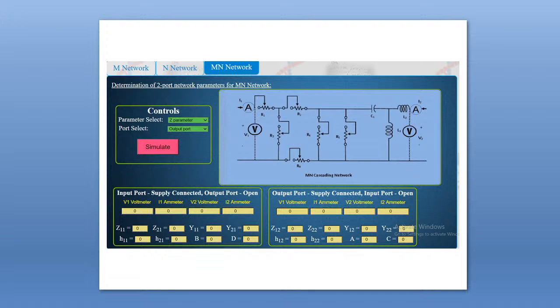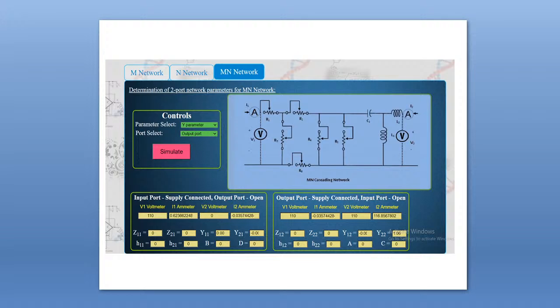Now let me share with you the values of y parameters. You see the values of y parameter I have given in the present slide.